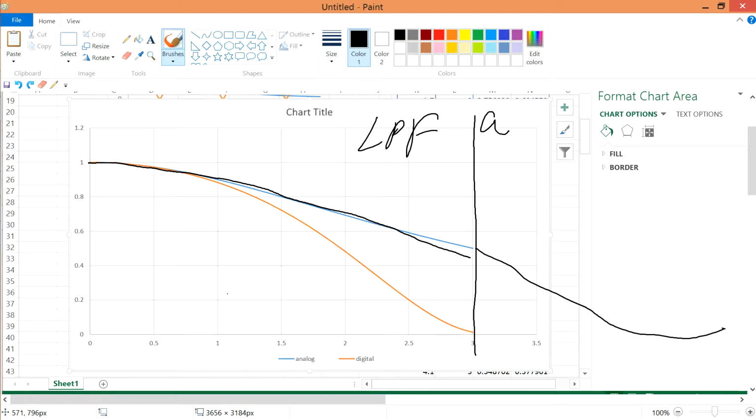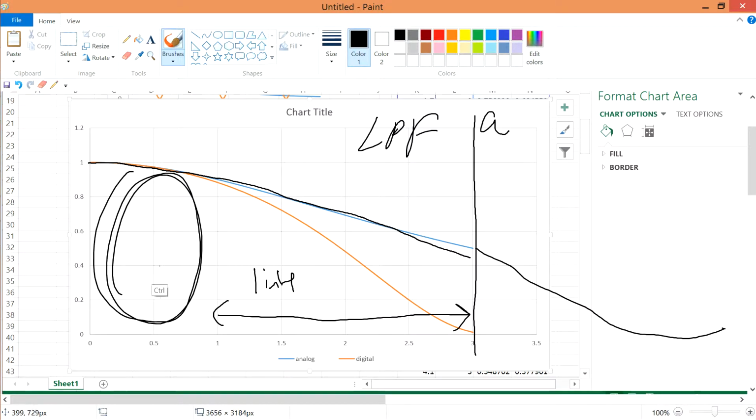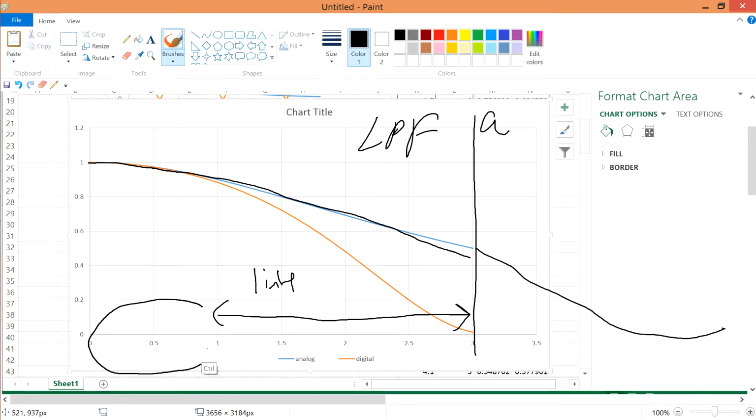One bad thing about the digital domain is this particular part, what can you see? You're actually limiting yourself to only this portion to be high output. So you're only looking at 0 to 1 frequency. What about 1 to 3?